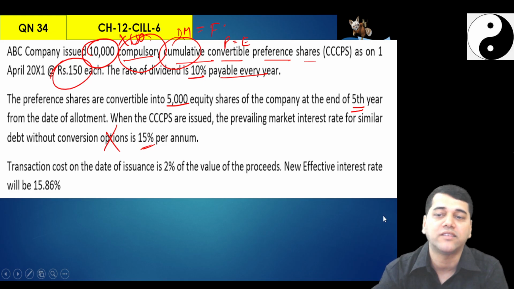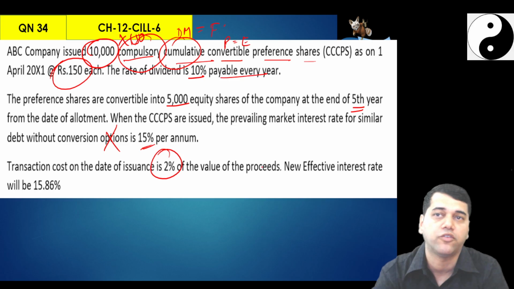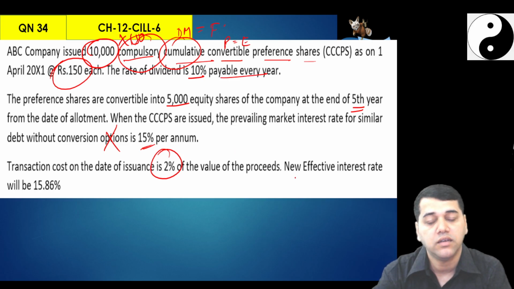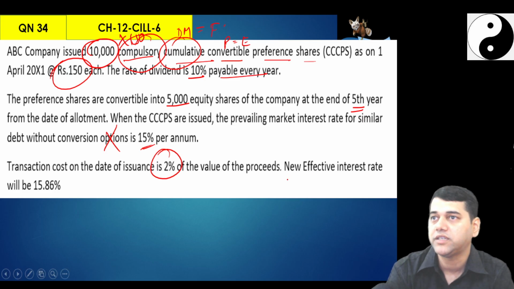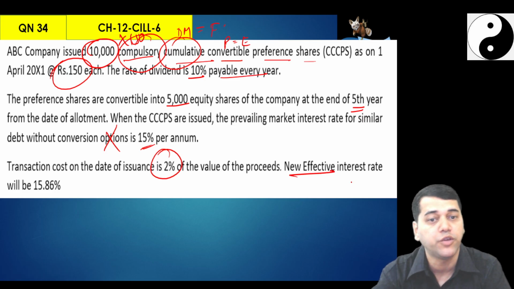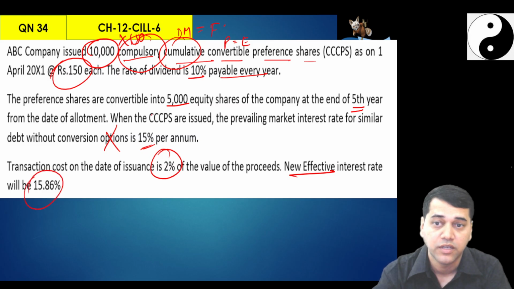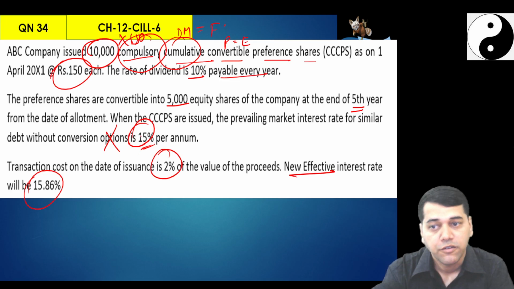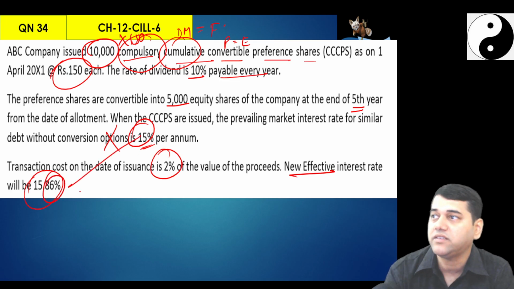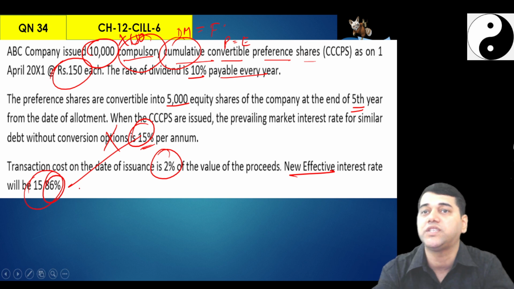Then they said, look, transaction cost is 2% of the value of the proceeds. And now the moment transaction cost comes into the picture, we understand that we need an EIR. If they don't give it, we have to calculate it. But anyhow, they told you the new effective interest rate. So now this 15 is the discount rate because it is an off-market instrument. 15.86 is because of that 2% transaction cost, which I need to amortize.